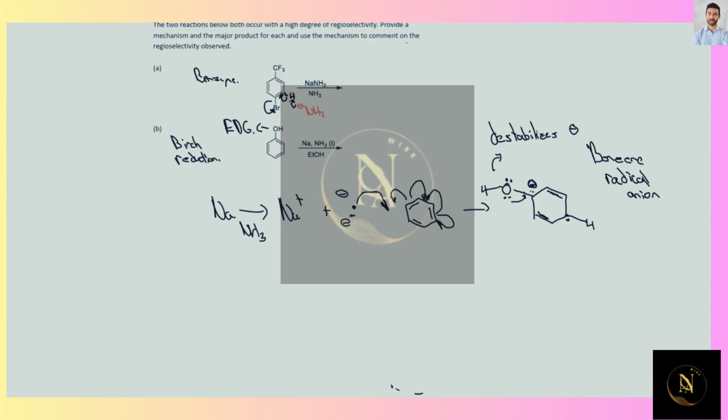So for that reason, the only possible position for the electron donating group to appear at is going to be away from the negative charge and closer to the radical on the other side. Over here, we're no longer going to have this destabilizing effect, and the product is given essentially by electron repulsion.